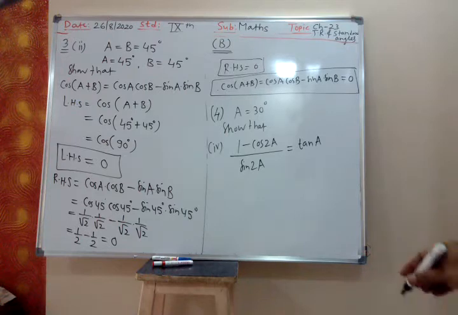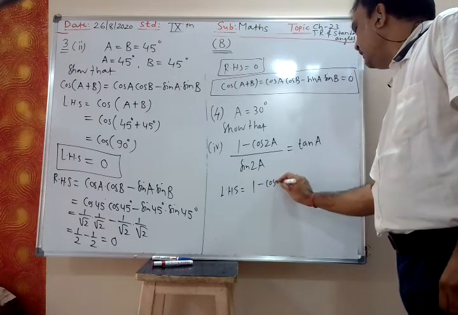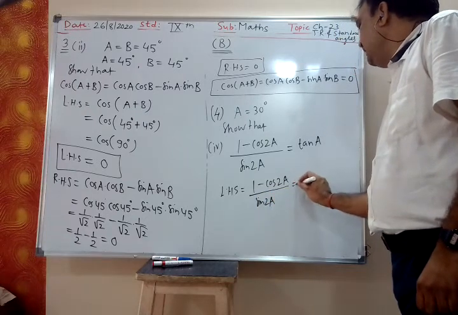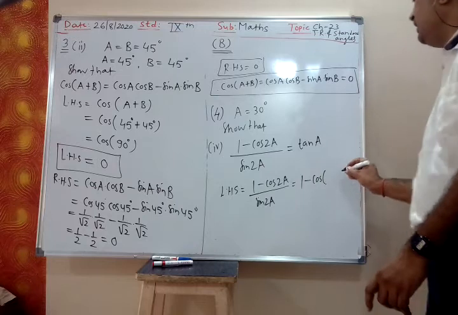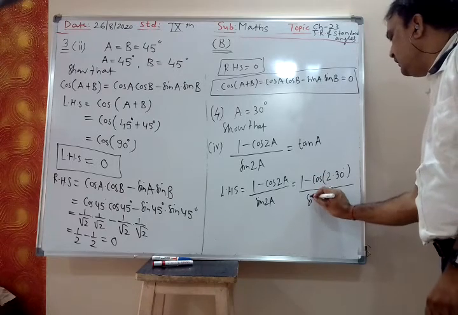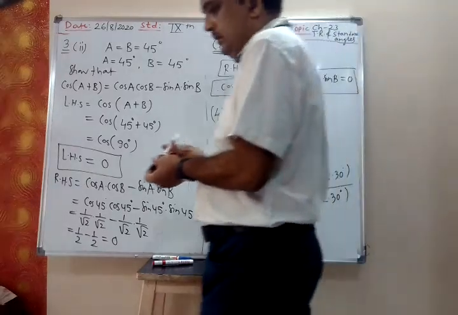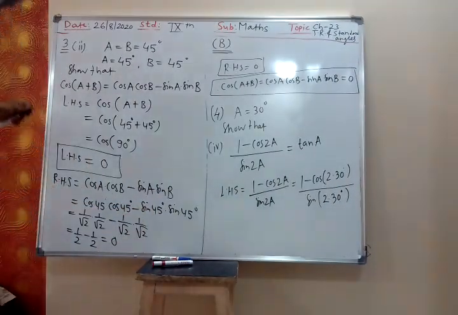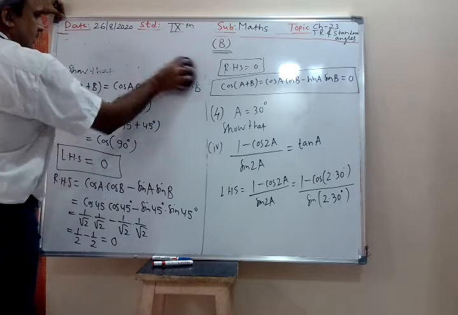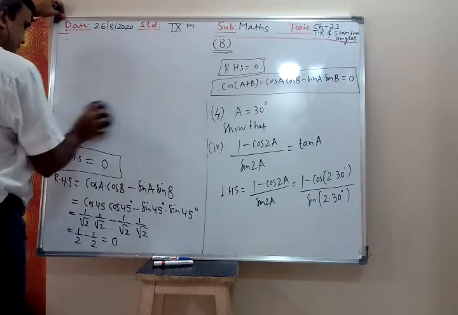Consider left hand side. Left hand side is 1 minus cos 2a upon sin 2a. A is 30 degrees. So 2 into 30 degree upon sin 2 into A. We substitute the value.